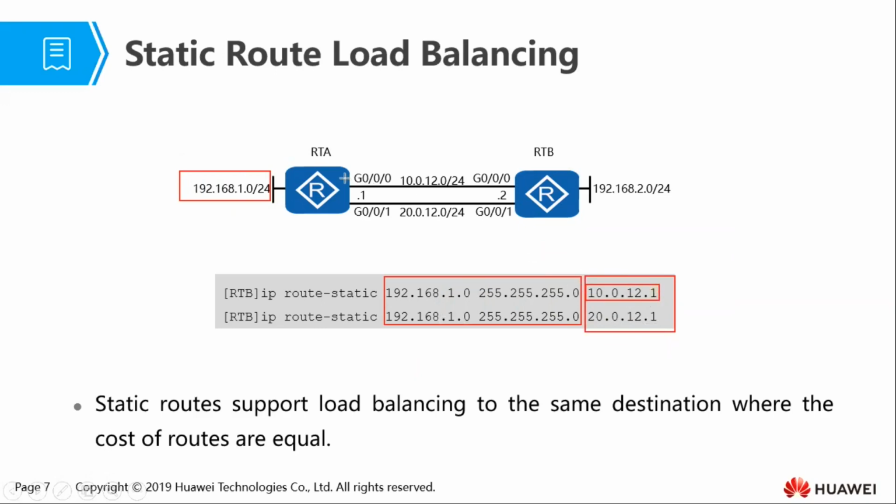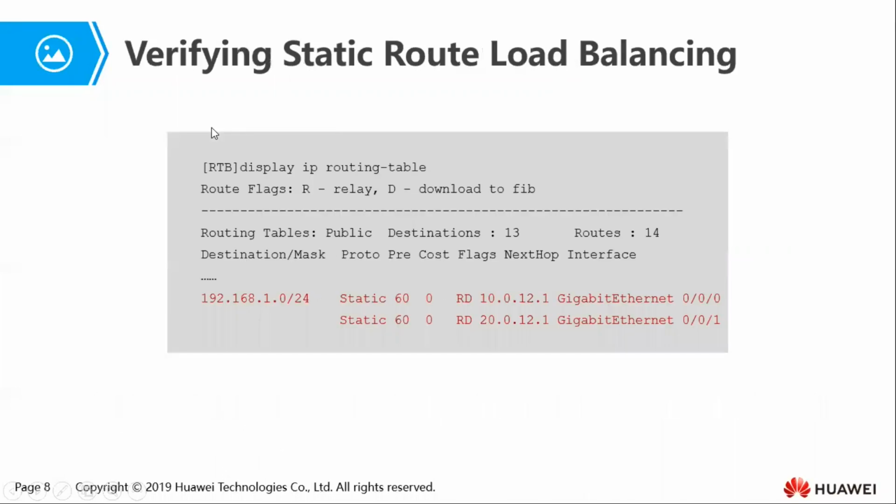So we can either come here, 10.1.0.12.1, or we can also use this. So we've configured both of them. So only the best will be installed in the routing table. But in this case, both of them have equal weights. So both of them are installed in the routing table, as you can see here. Okay.